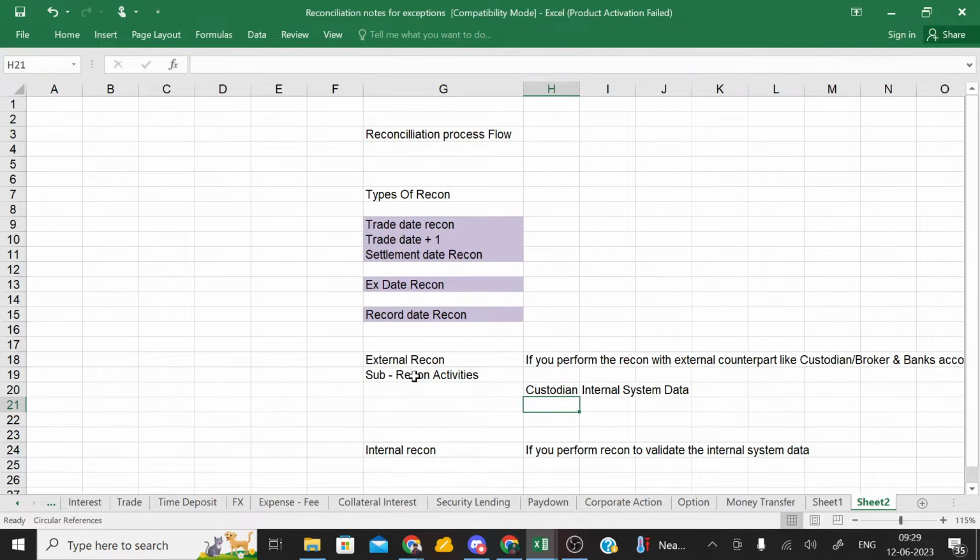And when we say internal system data, that means you can say your MO position. MO means middle office. Back office. Middle office, back office.